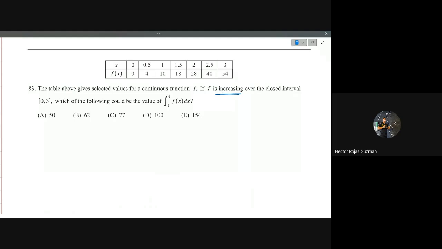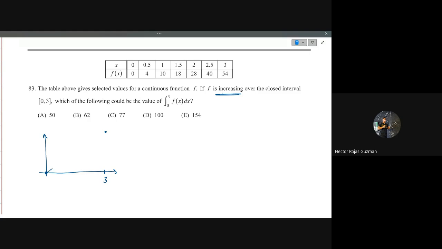So what's the integral from 0 to 3? Here's a visual representation of what we have. We're going to start with the point 0, 0. We're going to end with the point 3, 54. And no matter what it's doing, it has to be increasing.